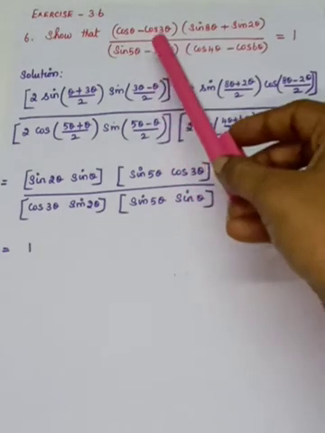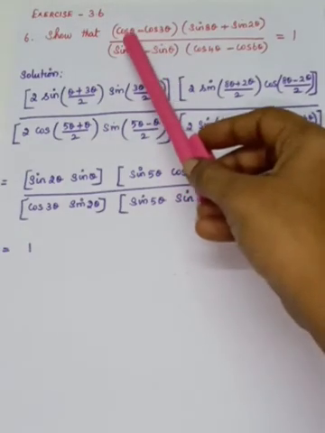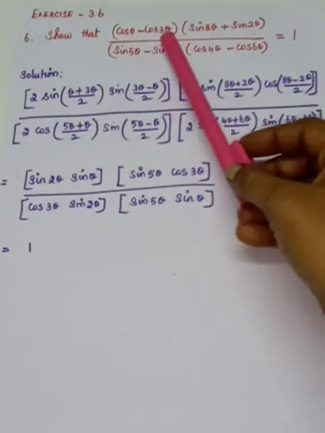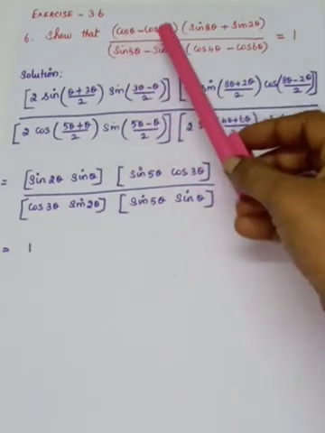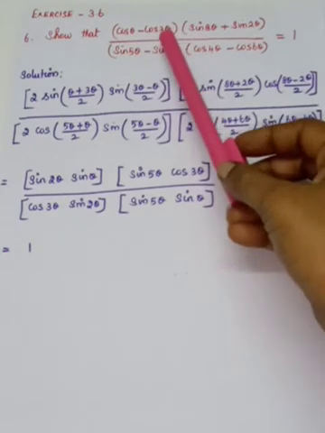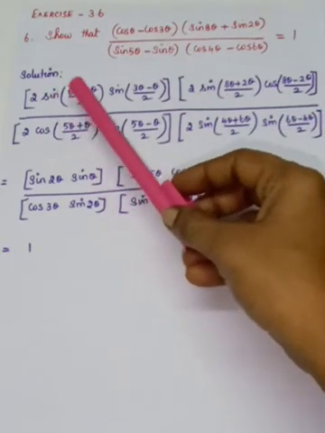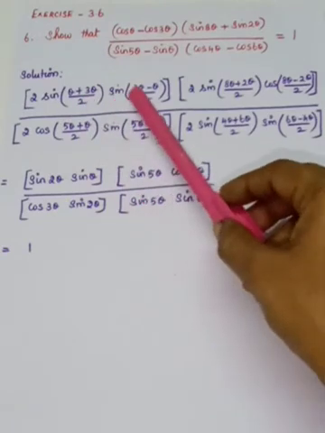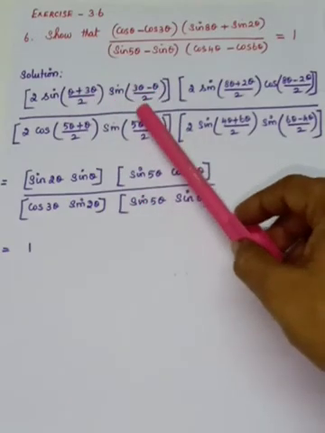Okay, you see the first term. It is in the form of cos C minus cos D. So you have to write 2 sin C plus D by 2 and sin D minus C by 2.